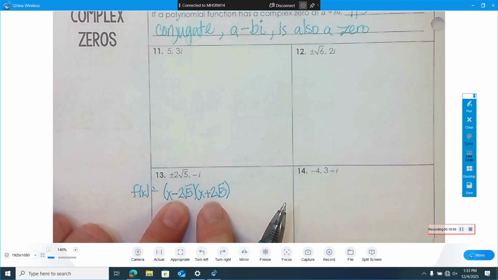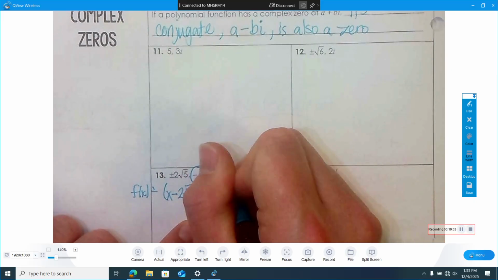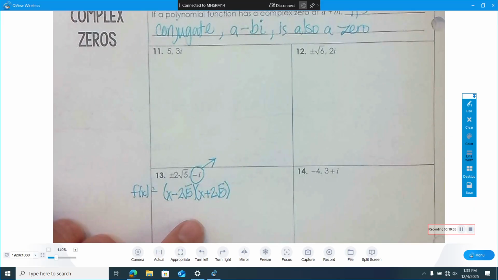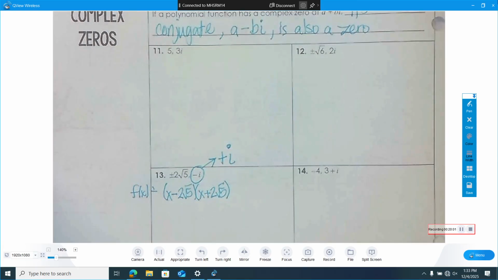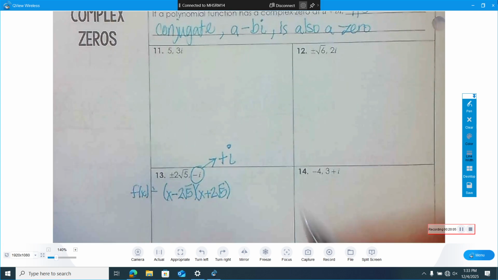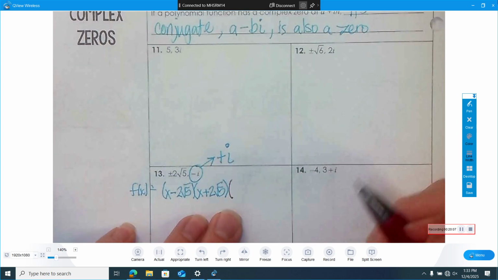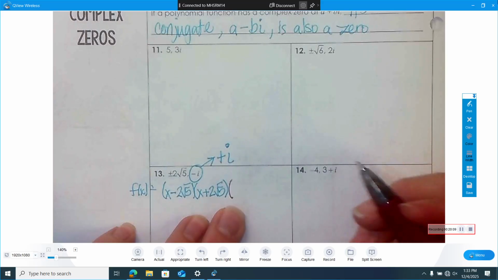Yeah, as long as they're opposites, one positive, one negative, okay? Now, we have a negative i. Is it ever just by itself a negative i? No, there's also a positive i. They always come in conjugate pairs. So I have a couple of bubbles here. What are those bubbles?